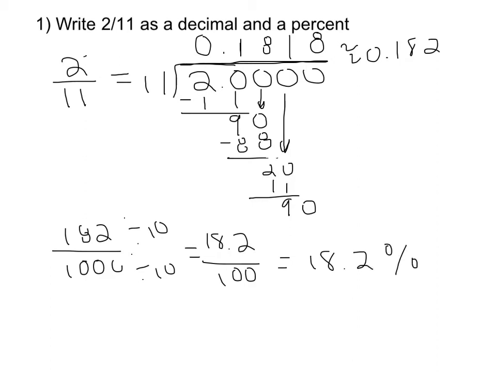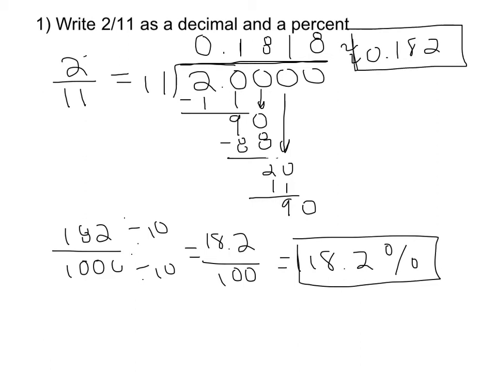So my two answers for this question, 18.2% and 0.182 or 182 1,000ths. Again, percent means out of 100, so you're going to move the decimal place to after the hundredths place when you are changing your decimal to a percent.